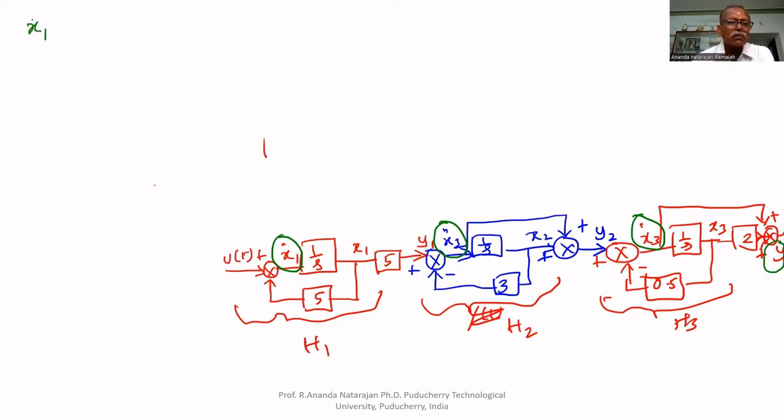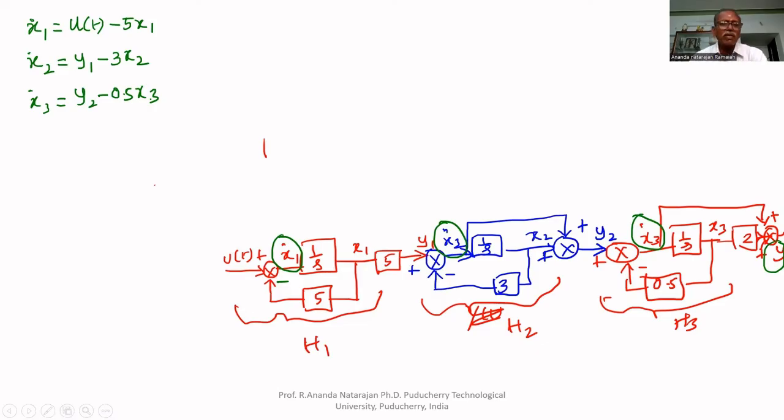Let us write x1 dot. x1 dot equal to u of t minus 5x1. x2 dot equal to y1 minus 3x2. x3 dot equal to y2 minus 0.5 x3.